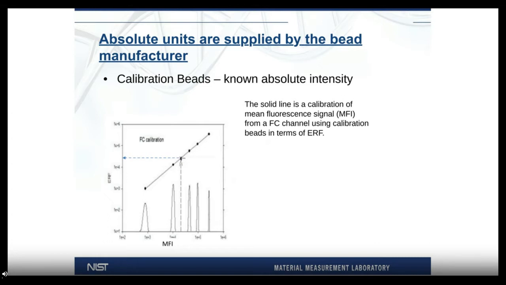So we can then calibrate our instrument, the instrument dependent quantity MFI, to the instrument independent quantity ERF. And if we have an unknown, which is shown by the X here, then you can say that's a cell population. You can put that cell population intensity, which you're measuring as an MFI value, onto an absolute scale, the ERF value.